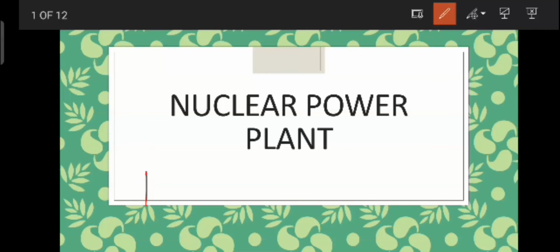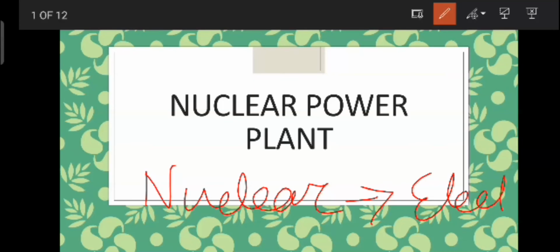Here the nuclear fission process is used so that nuclear energy will be produced.